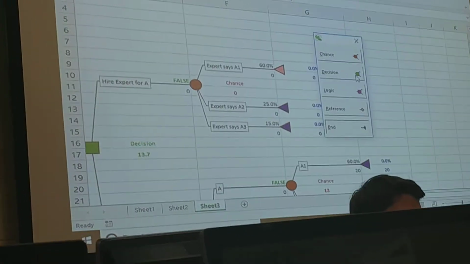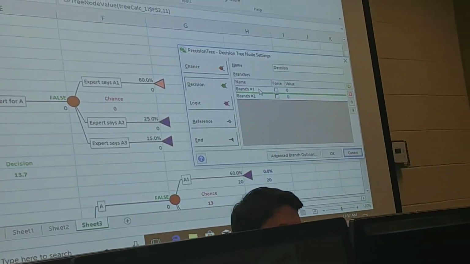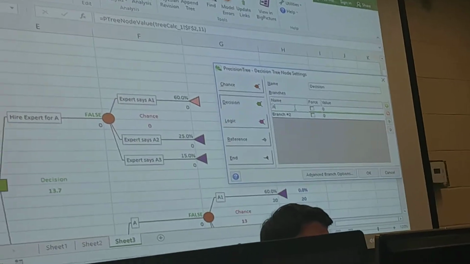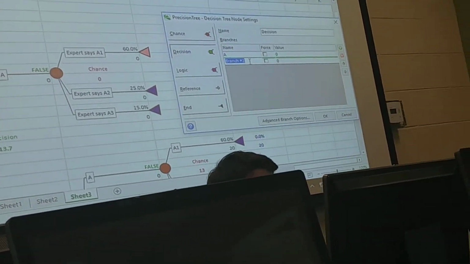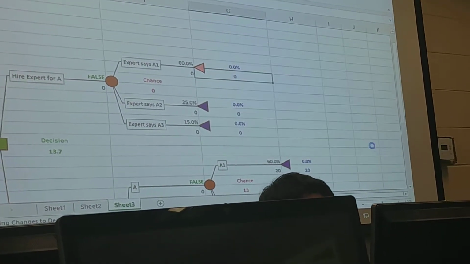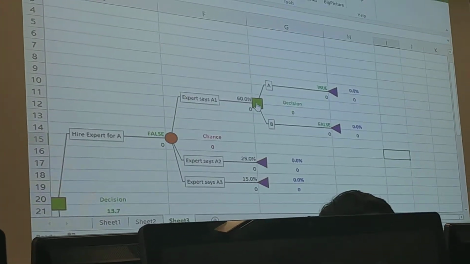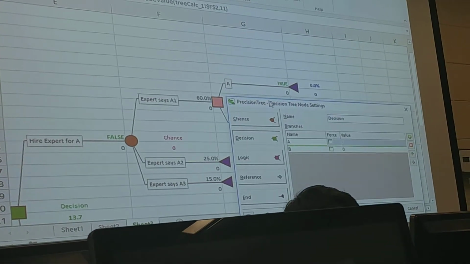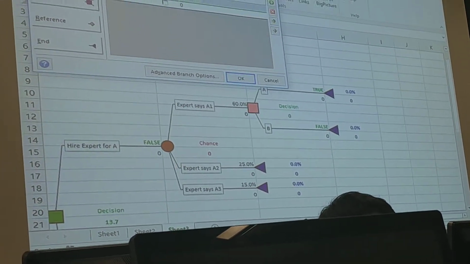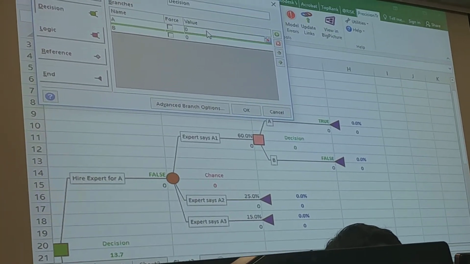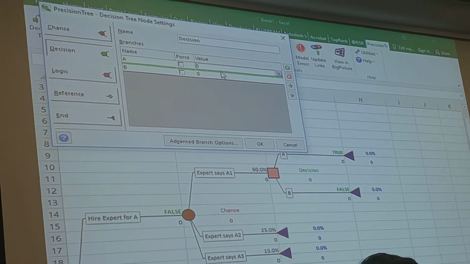So I put the decision node here for A and B. For A, the outcome would be A1, so I insert here where I defined A, and then put the monetary value, 20.